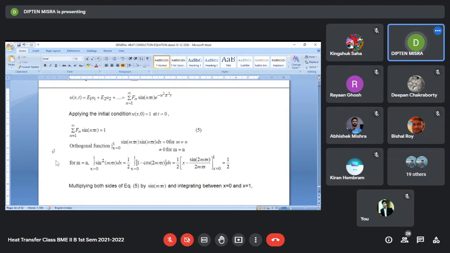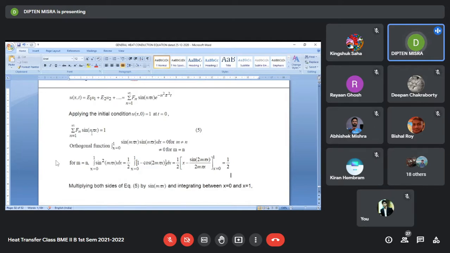The first term, f1 into sine 1 pi x into sine 4 pi x, will vanish when integrated between 0 to 1 because of orthogonality. Second term, f2 into sine 2 pi x into sine 4 pi x, will vanish. Third term, f3 into sine 3 pi x into sine 4 pi x, will vanish. Fourth term will be f4 into sine 4 pi x into sine 4 pi x. It will not vanish.